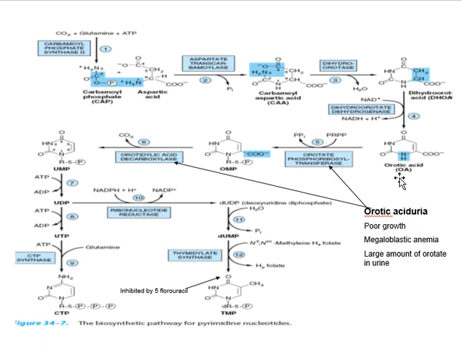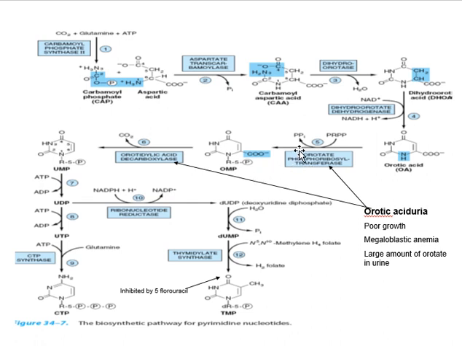Then this orotic acid is transferred to the ribose 5-phosphate, which is provided by the PRPP, and this reaction is catalyzed by the enzyme orotate phosphoribosyl transferase.